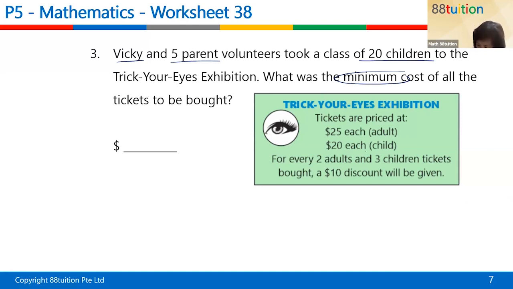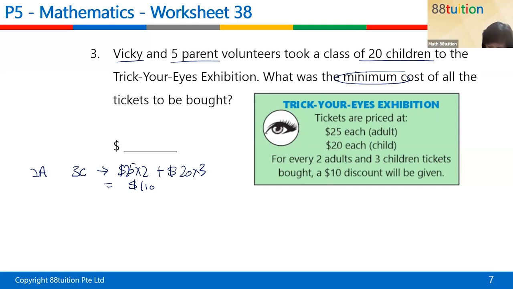So for every 2 adults and 3 children, you will get a discount of $10. So you must find the cost of 2 adults first. So 2 adults will be 25 times 2, right? And 20 times 3, that will give you 50, 60. 50 and 60, $110.